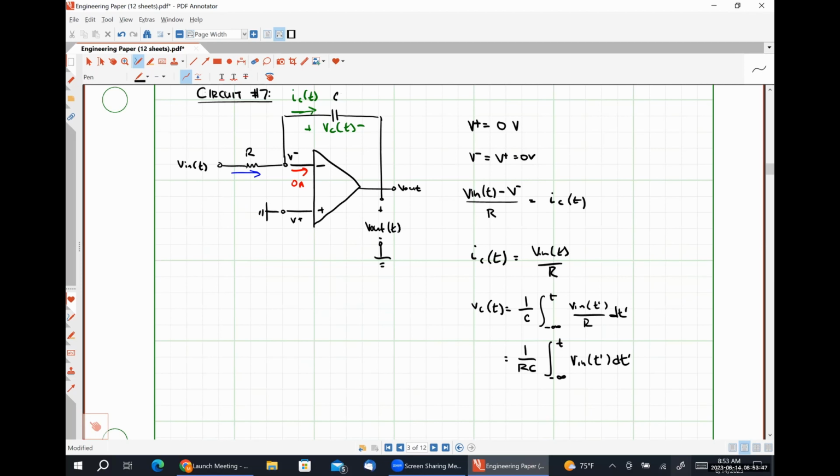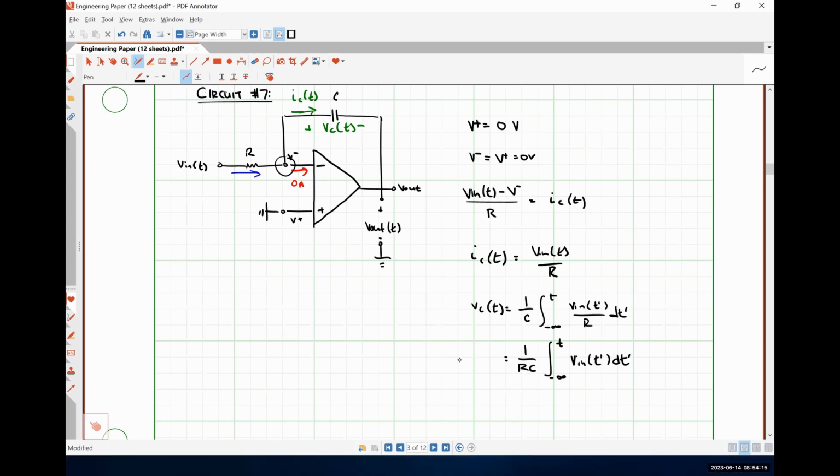So the positive polarity terminal of our output voltage is at the same node as the negative polarity terminal of our capacitor voltage. And the negative polarity terminal of our output voltage is at ground. The positive polarity terminal of VC is at ground. So what this means is that VC and Vout are equal but opposite in polarity.